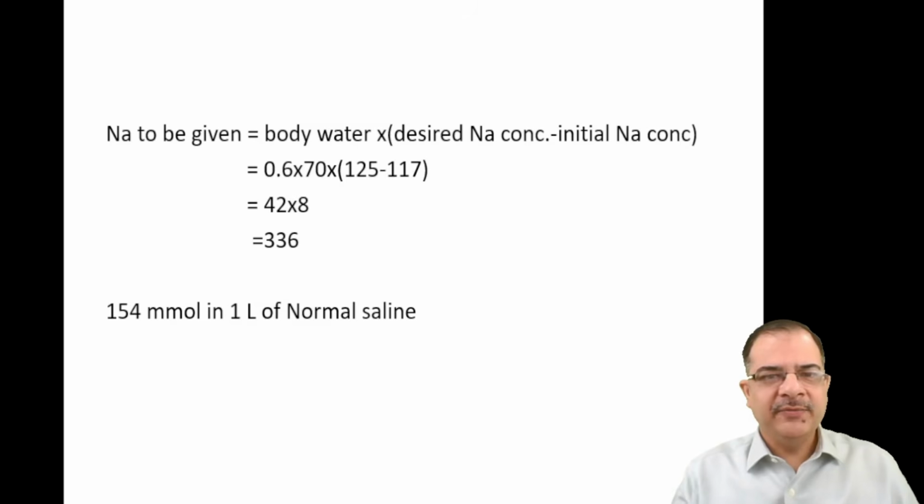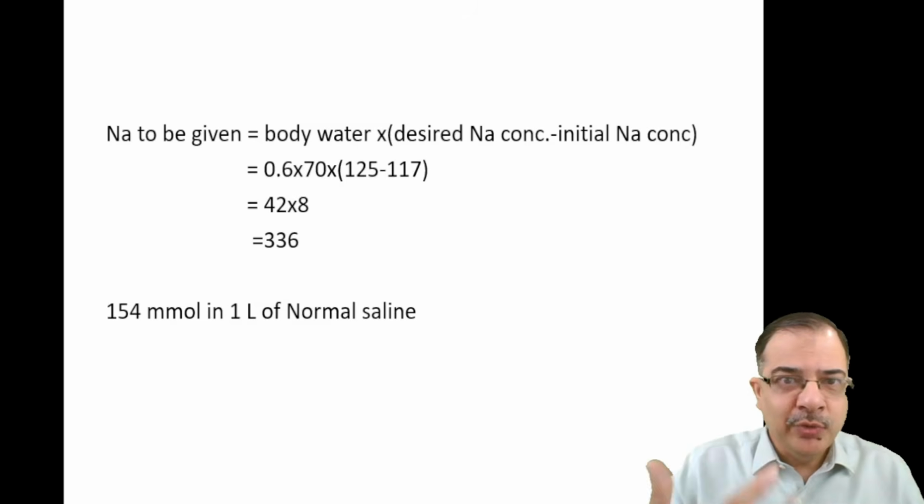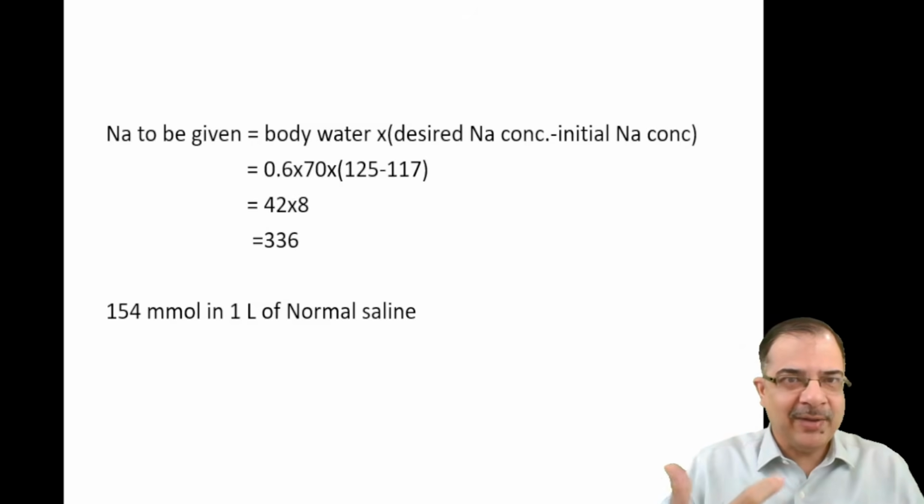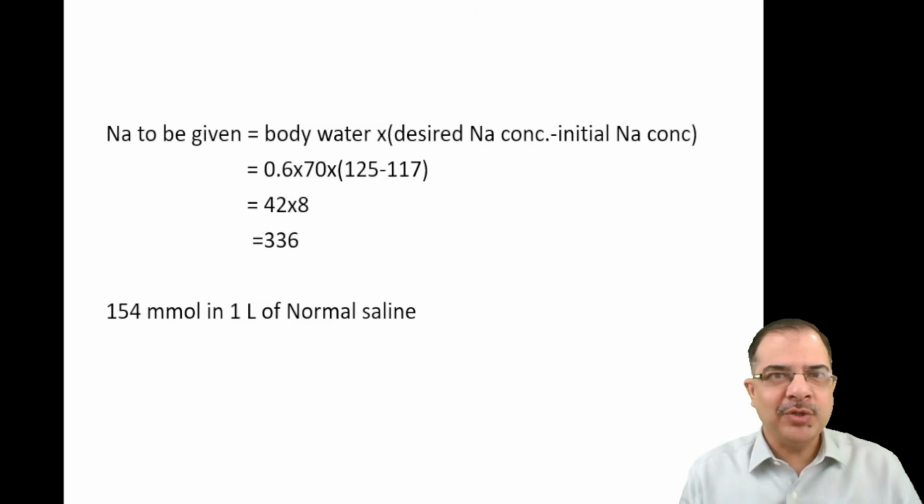Now how much fluid should be given? We have to give normal saline. Normal saline contains about 150 millimoles of sodium per liter. So we will calculate how much volume of normal saline will contain 336 millimoles of sodium.